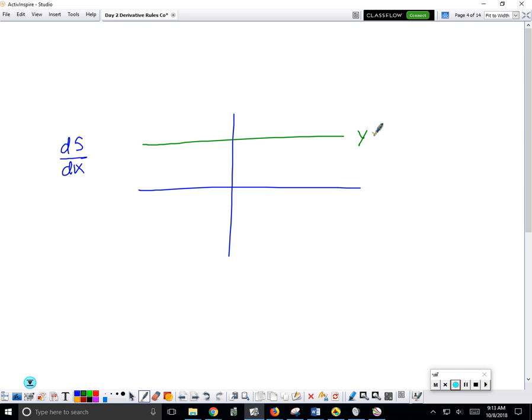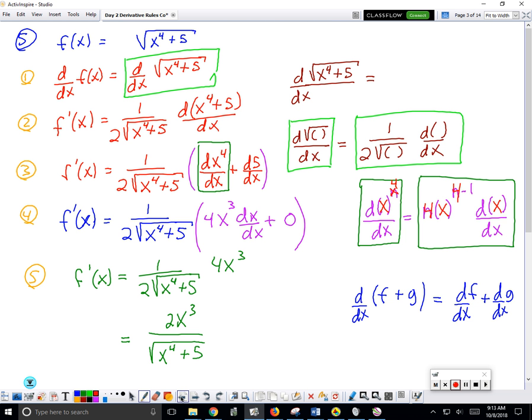So that would look like this. And d/dx of that function means identify the tangent slope at any point on that function. So it doesn't matter where I look at the function, the tangent slope is always 0. Okay. So the derivative of a constant is always 0, a constant alone. Did that make sense?